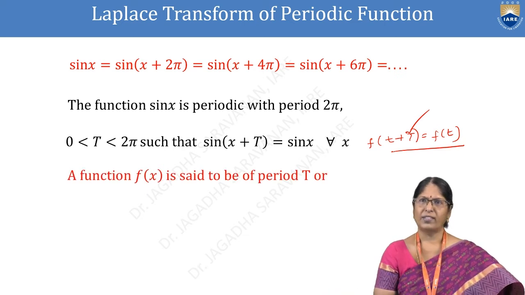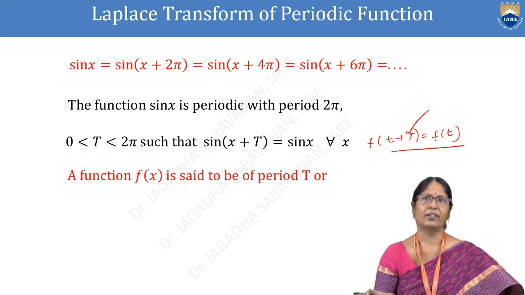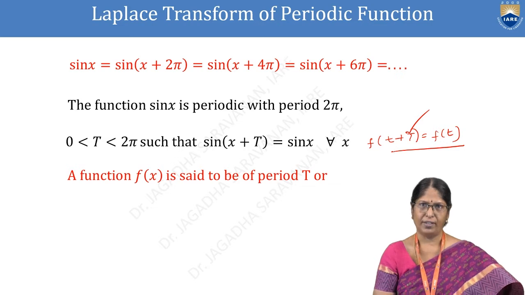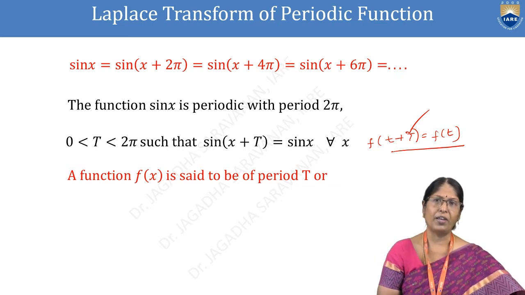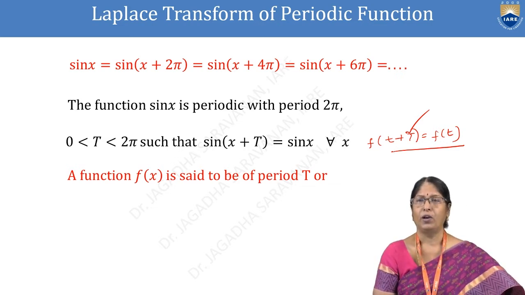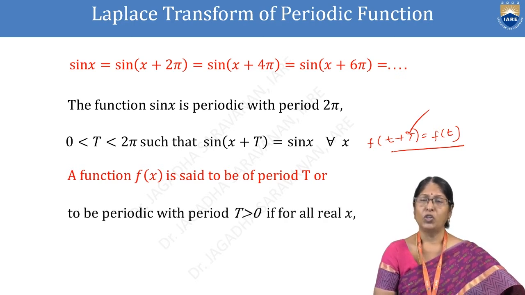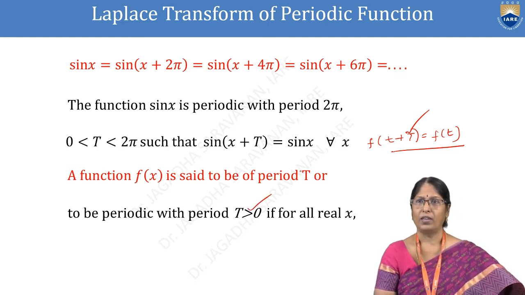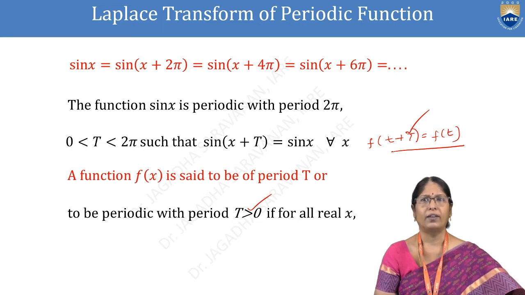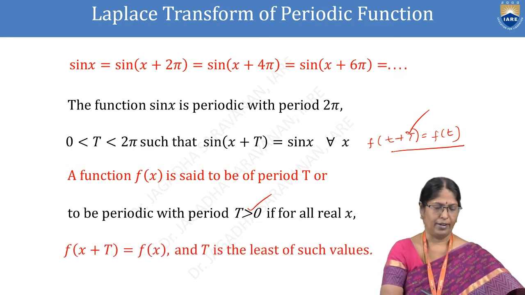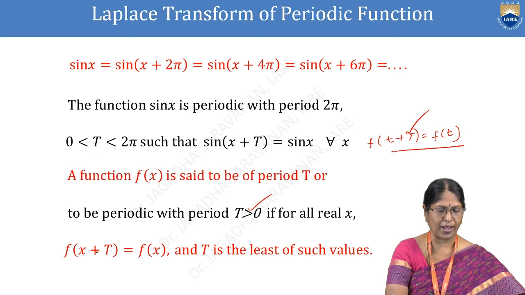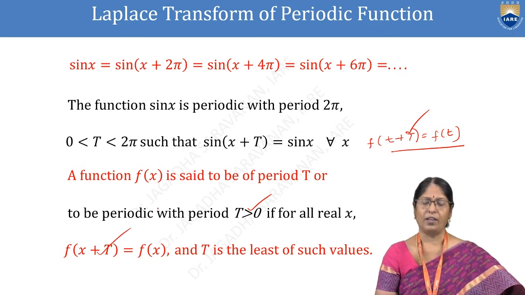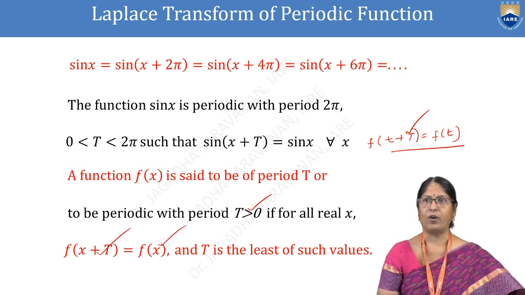Now, in a simple way, we can define the periodic function: a function f of x is said to be of period capital T, or to be periodic with period capital T which is greater than 0, if for all real x, f of x plus capital T is equal to f of x.